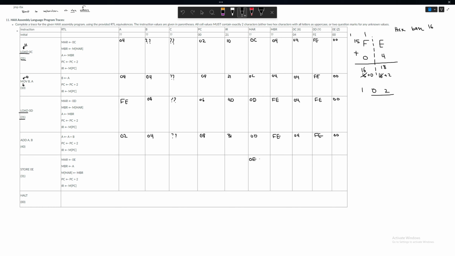And then A goes into MBR, so A 02 goes into MBR. And now MBR goes into MAR. But remember, this is square brackets, so it goes into the address of 0A, which this is 0A, right? So this actually goes here. Okay, and so 0, 2.